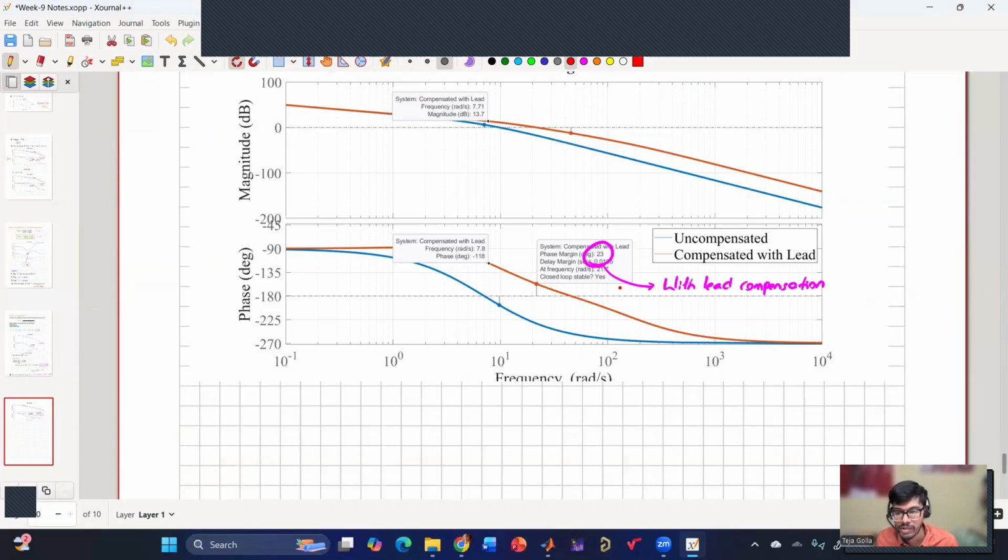We have already gone till 75, and I need 25 more additional phase. But I can't cross 90 degrees, right? So it is not sufficient. So I have to go with the lead lag compensation as well. So lag compensation is required.